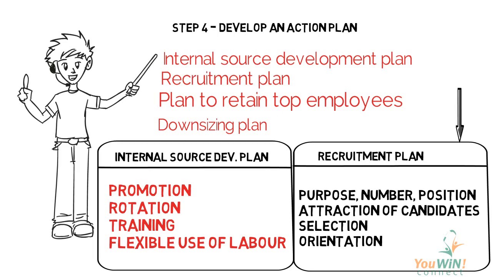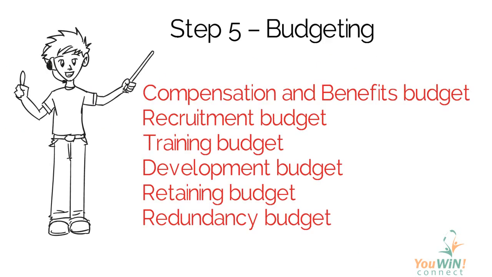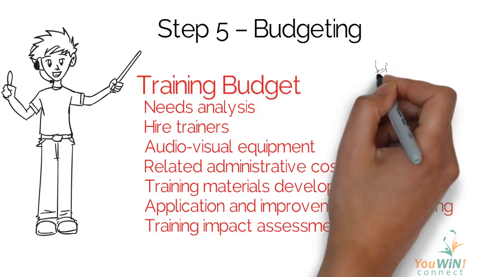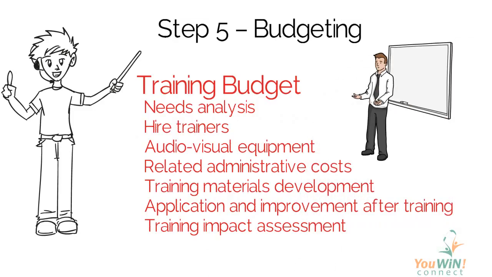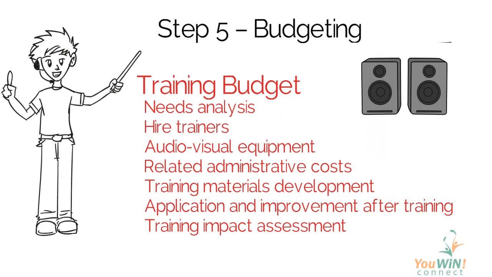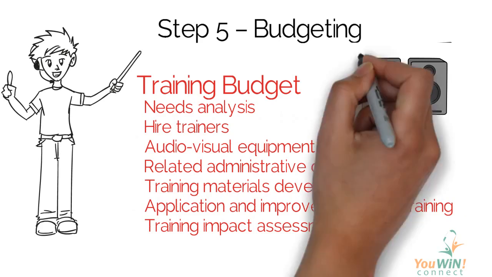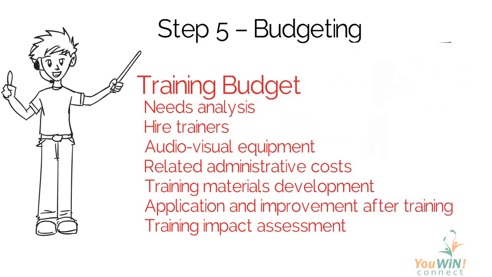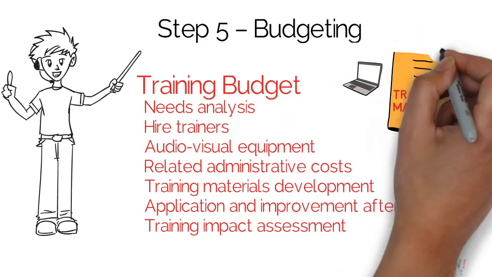After you've developed your action plan, we now look at your budget. On the slide, we can see that we have a compensation and benefits budget, a recruitment budget, training budget, development, retaining, and redundancy. A breakdown of the training budget shows that we need to budget for the training needs analysis, hiring trainers, the audiovisual equipment that will be used for the training, other related administrative costs, and the training materials to be developed.